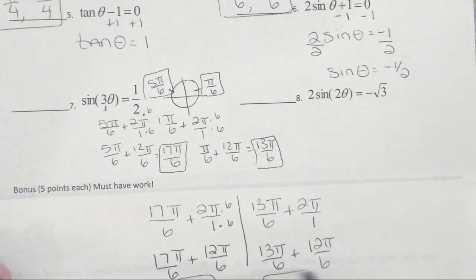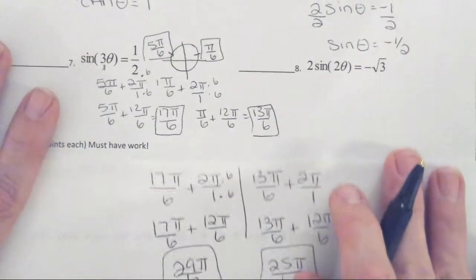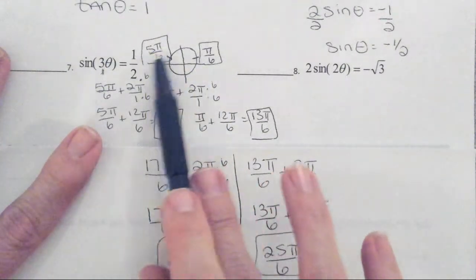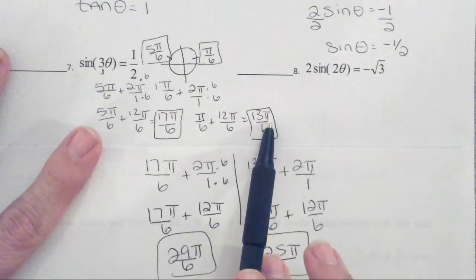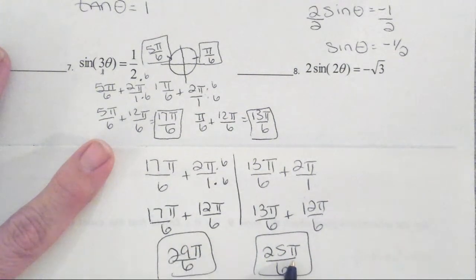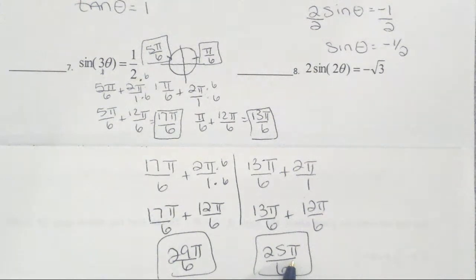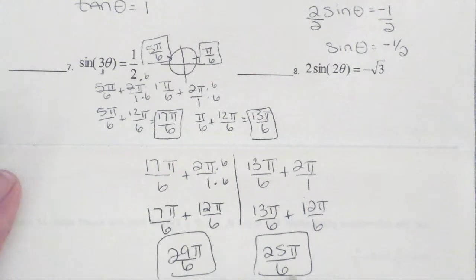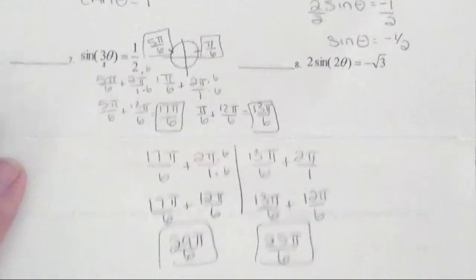Okay, so I have now gone around the circle 3 different times. First time around the circle, I added 2 pi to both of these answers. Second time around the circle, I added 2 pi to both of these answers. Third time around the circle. What I have to do now is take all of these answers and set them equal to 3 theta.